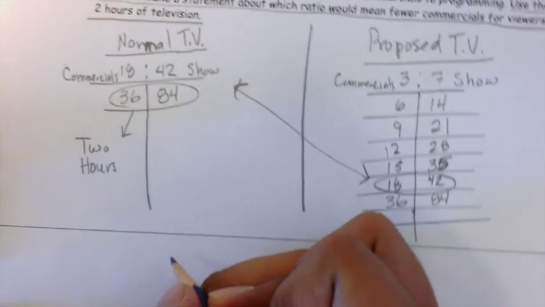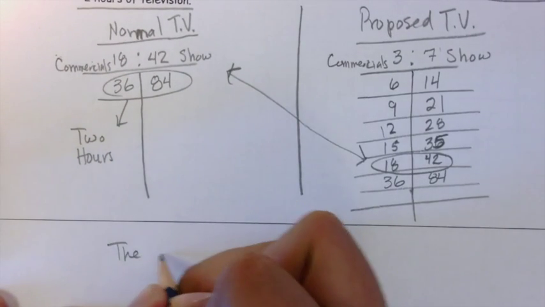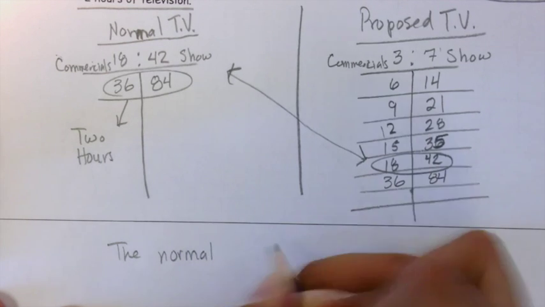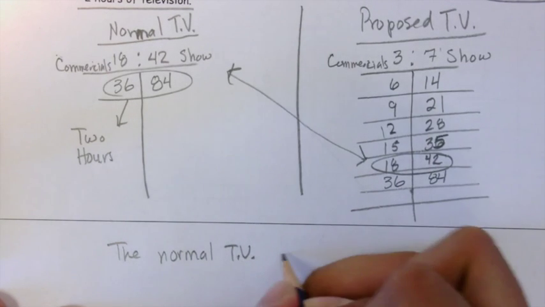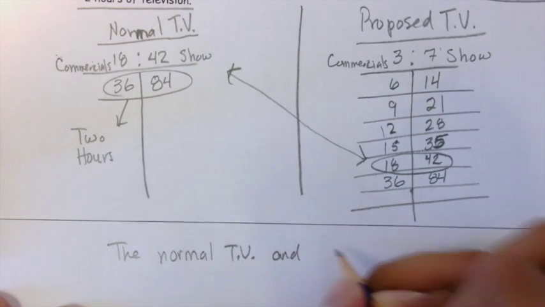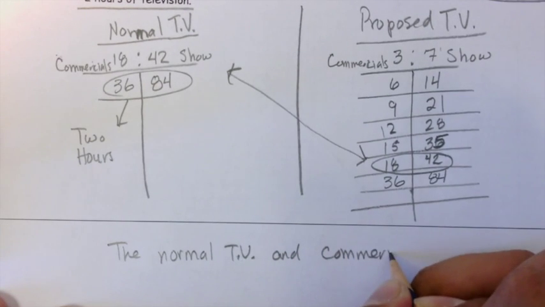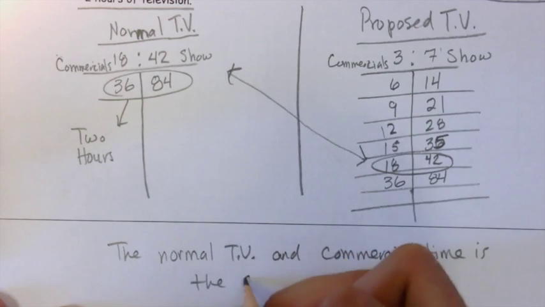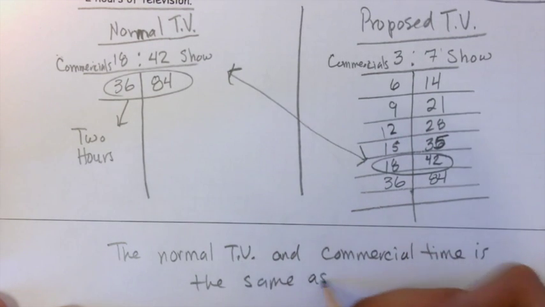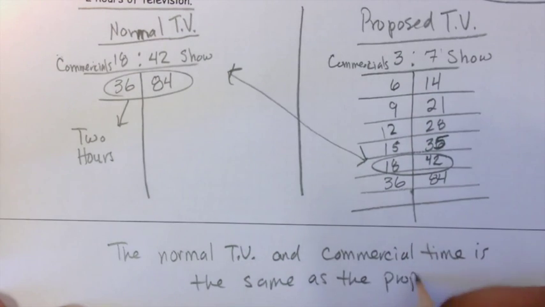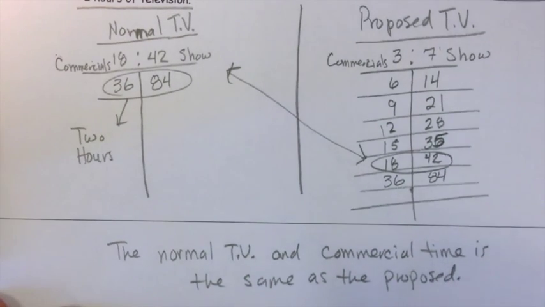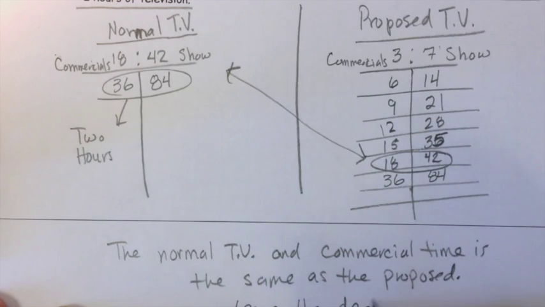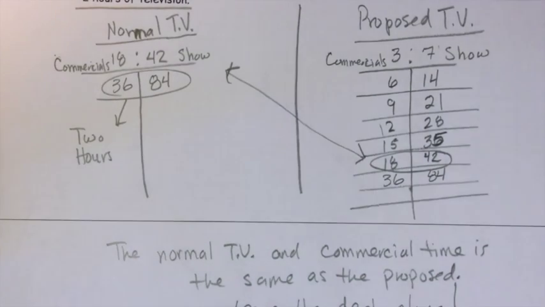This is what you would respond on the bottom: the normal TV and commercial time is the same as the proposed. Leave the deal alone. Bam, you're done. On the test.